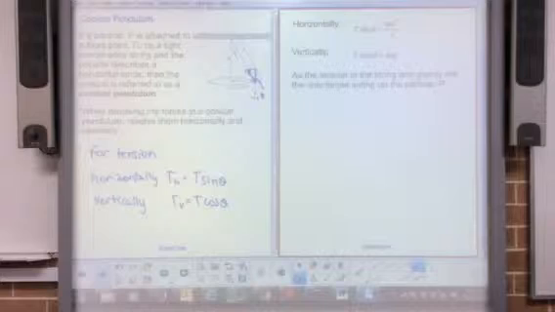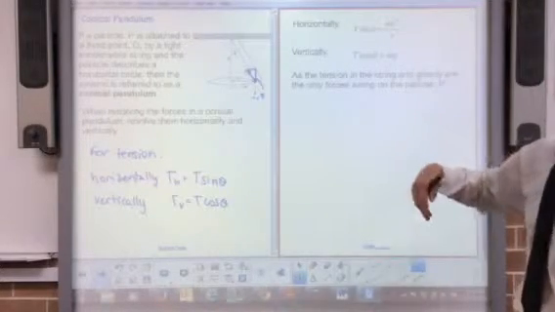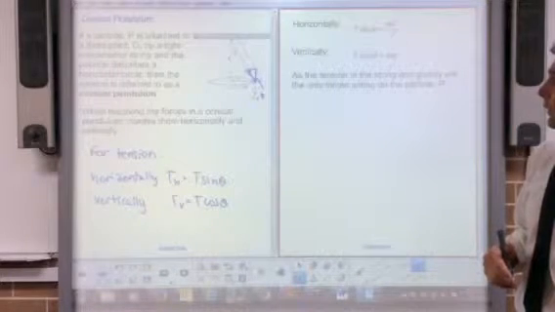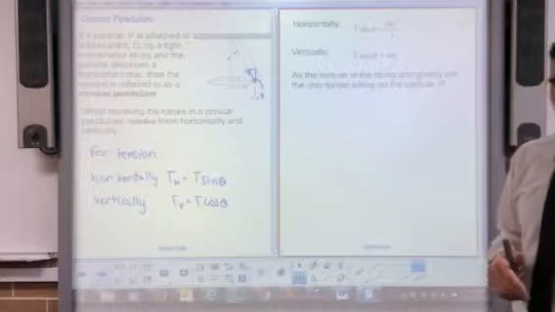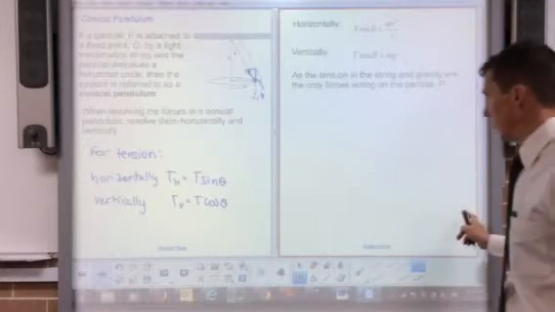Okay, so tension on the string is the only force that's acting upwards, and gravity is the only force acting downwards. So we just resolve those two forces. Okay, you good so far? So we'll look at an example, and I'll show you how it works. And hopefully, then you can do some on your own.